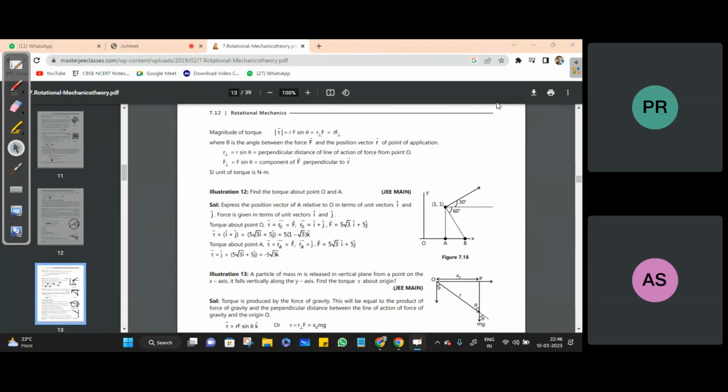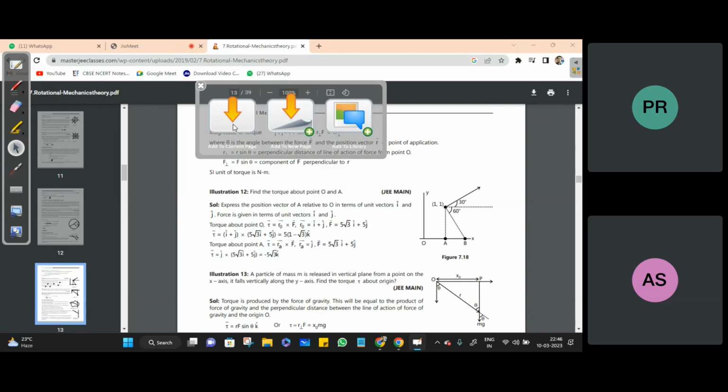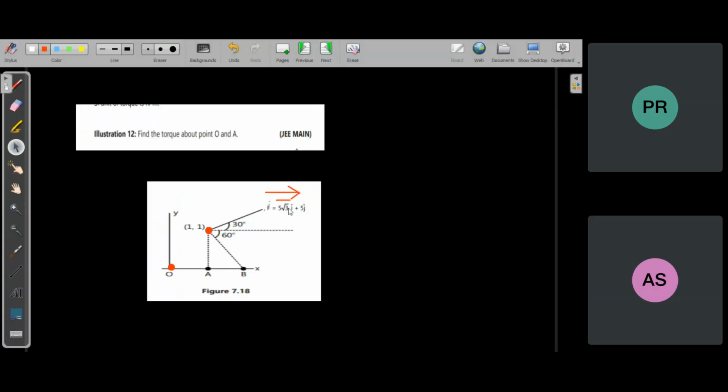Yeah, I think they forgot to give it in the question. So the force vector is this one. I will show you. This is the force vector. Can you see this? Yes sir, I can see this, 5 root 3 i cap plus 1.